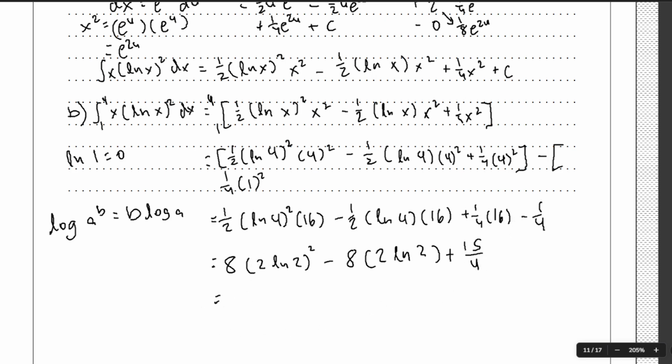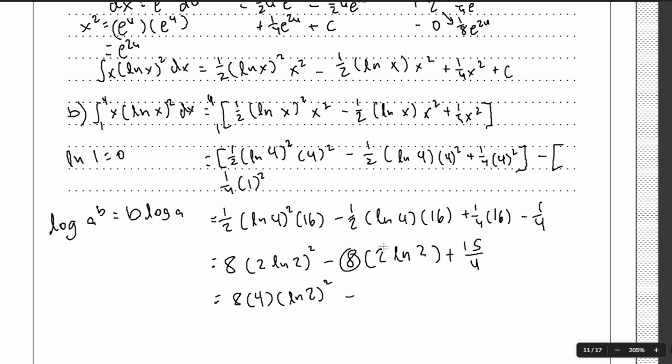And here, remember that ln 4 is the same thing as ln 2 squared, which is 2 ln 2. So when we take the 2 out, it would be 2 squared (ln 2) squared. Now that we know that, we can take this out, and it would be 2 squared, which is 4, and (ln 2) squared.